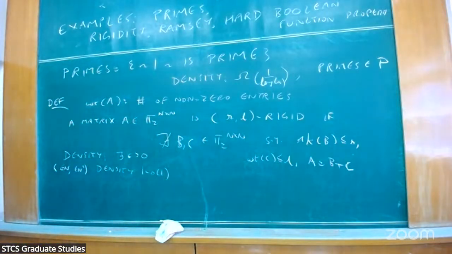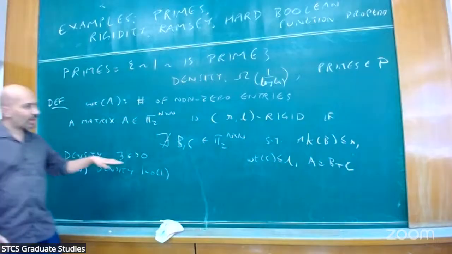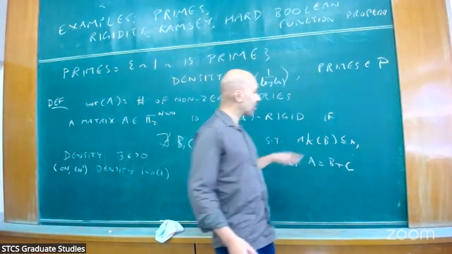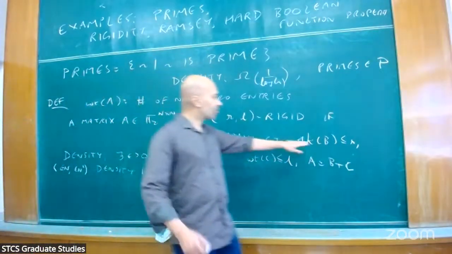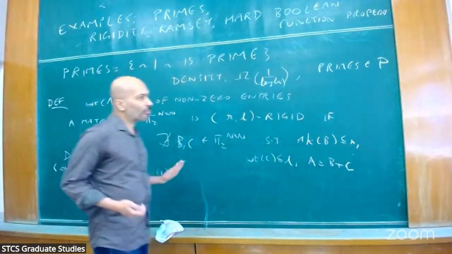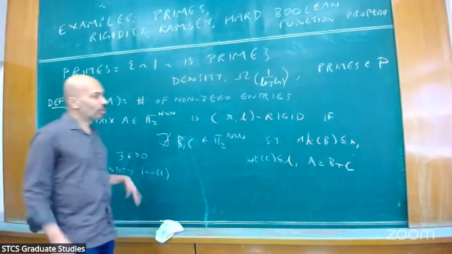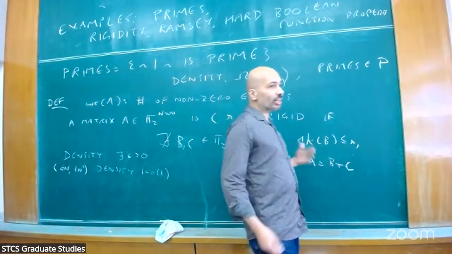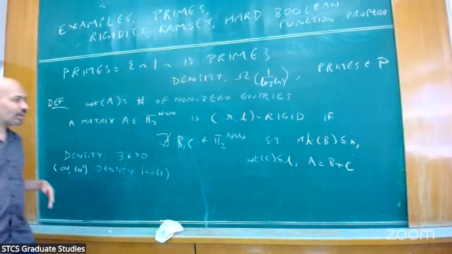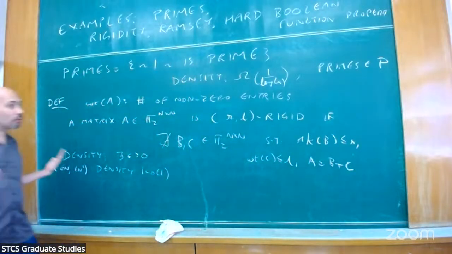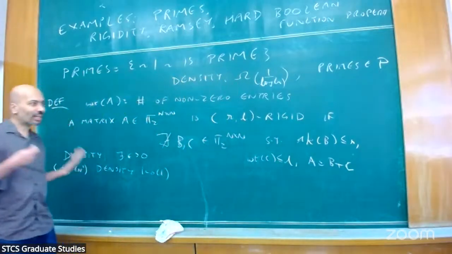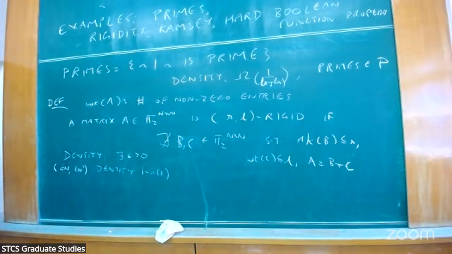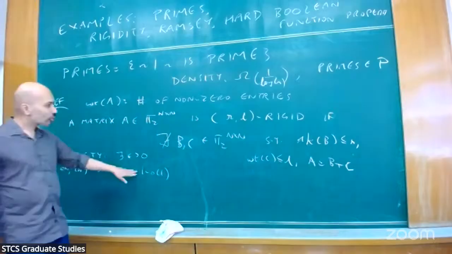That's just a probabilistic argument where you think about how many possible pairs of matrices B and C there are, such that B has rank at most R and C has weight at most L. If B has rank at most R, then you can describe it as a product of two matrices, each with n times R entries. So that's 2 times n times R bits, and so it's 2 to the 2nR. And then C is like n squared choose less than or equal to L. If you multiply those, you'll see that there exists an epsilon for which this is less than 1. So it's a straightforward probabilistic argument. So this is very dense.